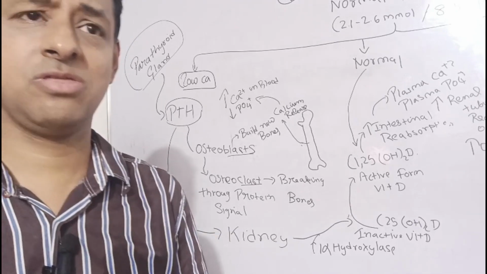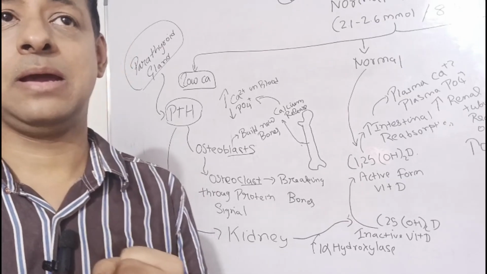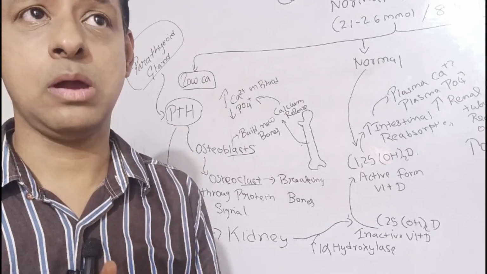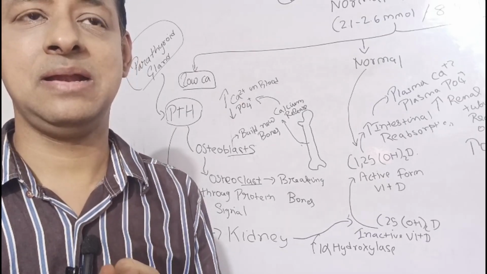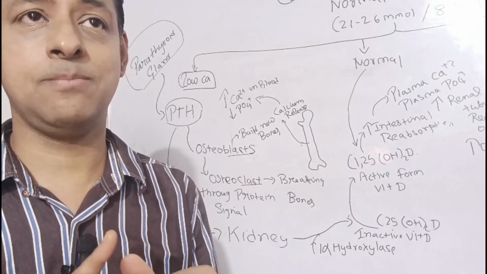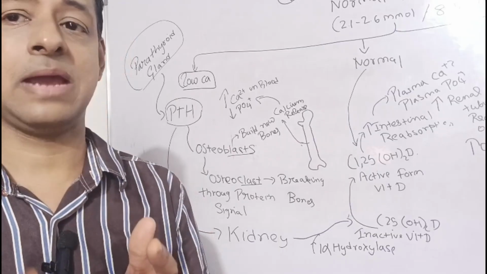Other than that, it is essential for cardiac function, muscular contraction, nerve conduction, and blood coagulation, and finally it is important for bone mineralization. These are the important facts of calcium.